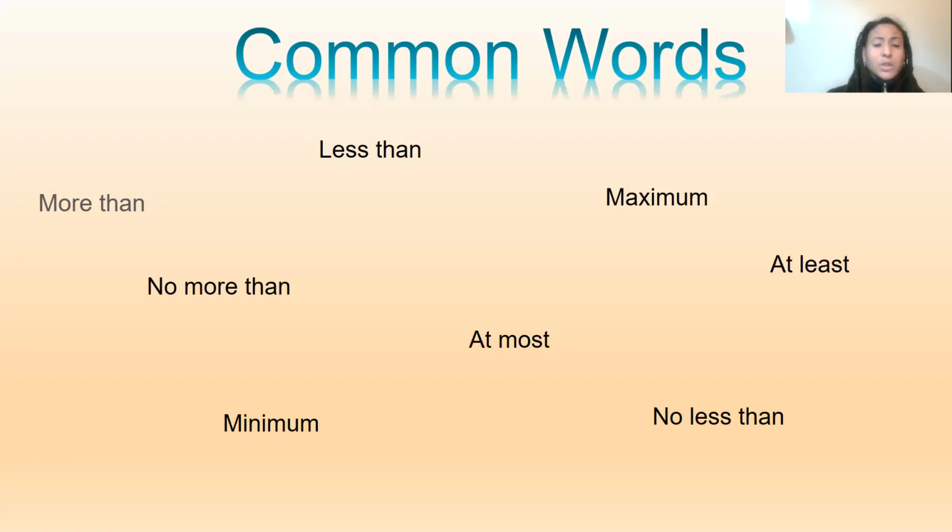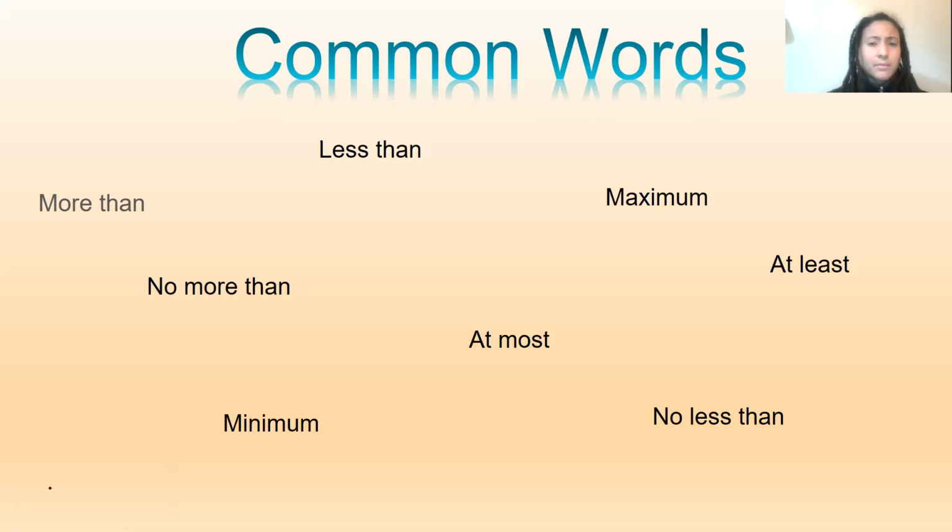So before we move on, let's just go through these really quickly. I'm suggesting, but you don't have to do what I do. I suggest when you're looking at these words, put it into a sentence and then see which inequality you can think of. Okay? So you need more than, I'm going to use the same scenario for the most part, okay? You need more than $50 to go to Six Flags.